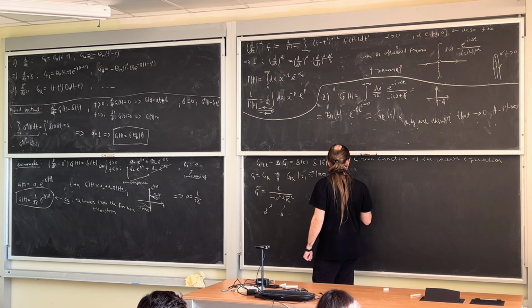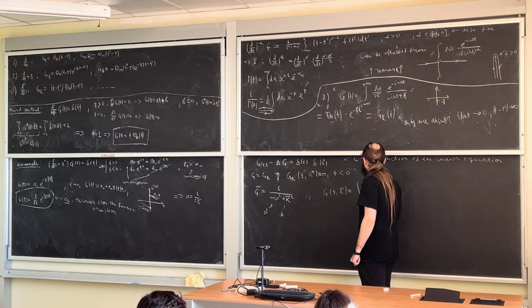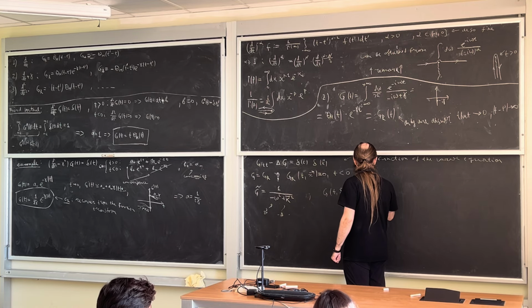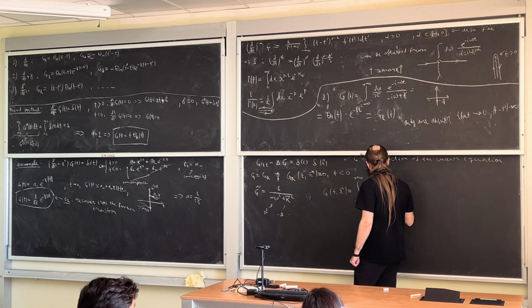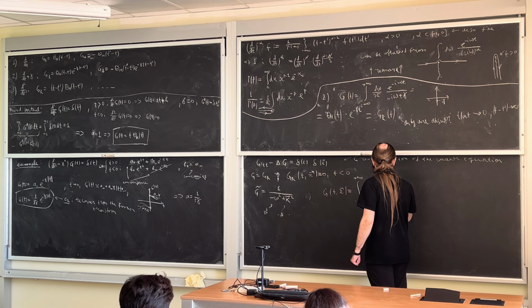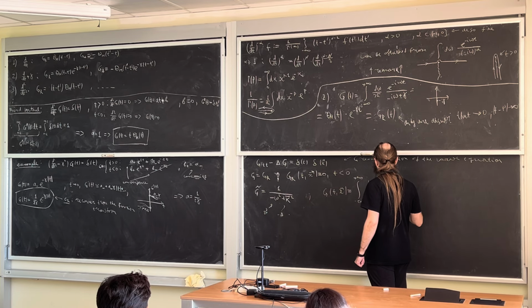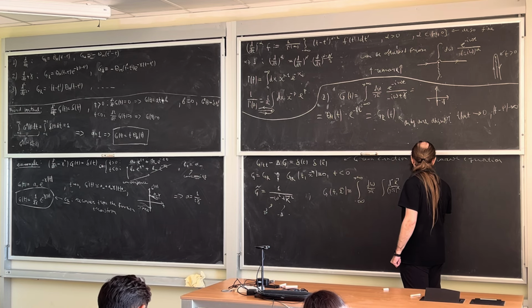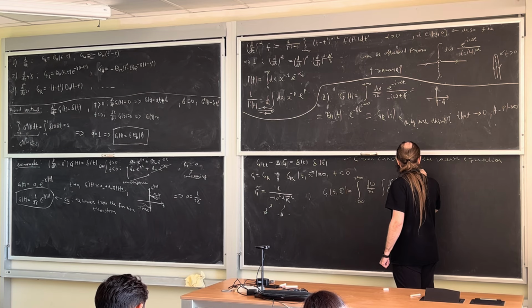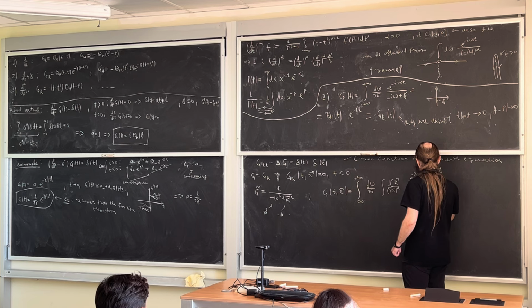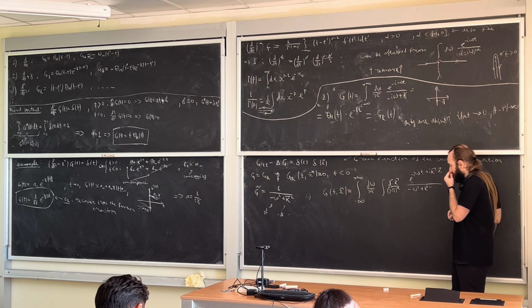D of t and x is the integral from minus infinity to plus infinity, d omega over 2 pi, d k over 2 pi, to k. So we have this integral.